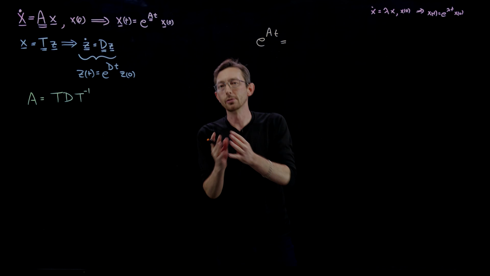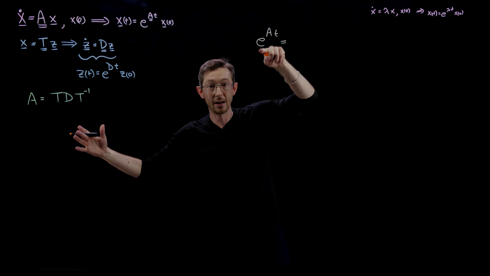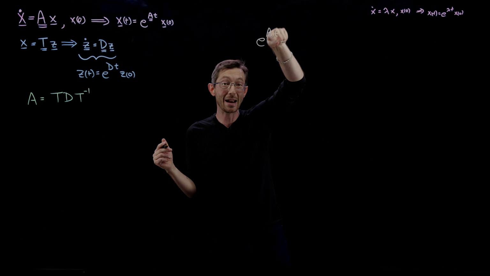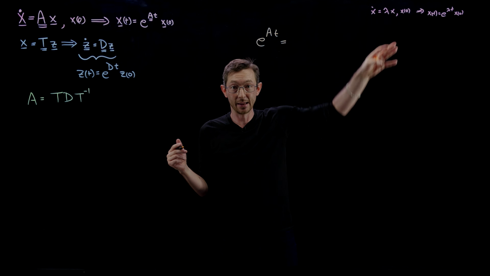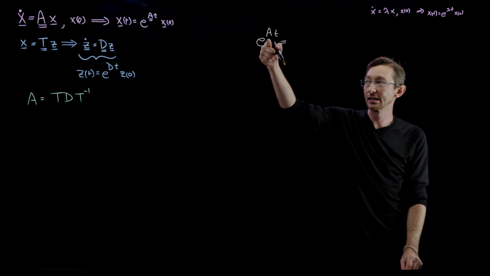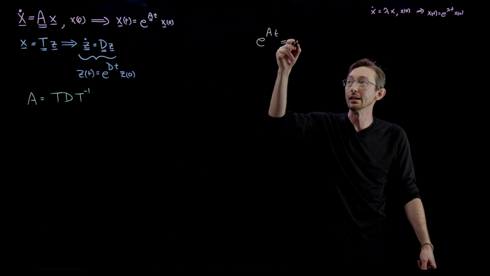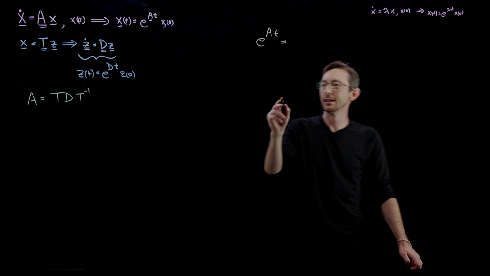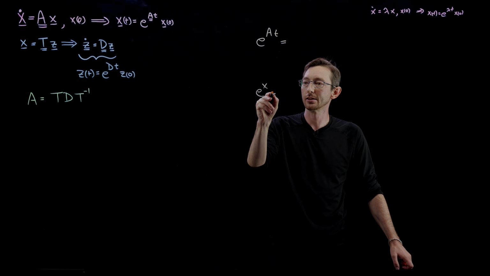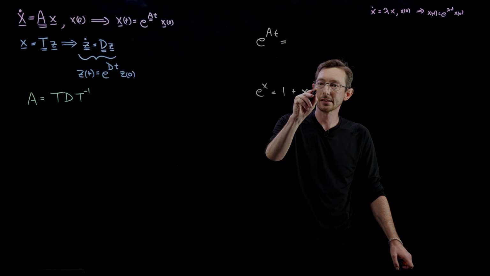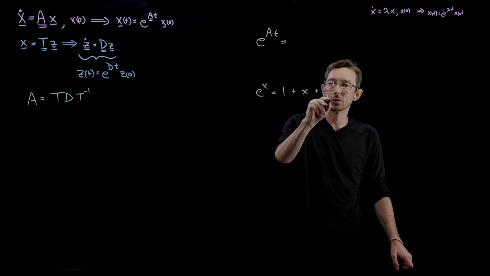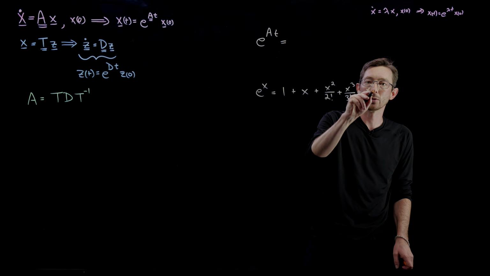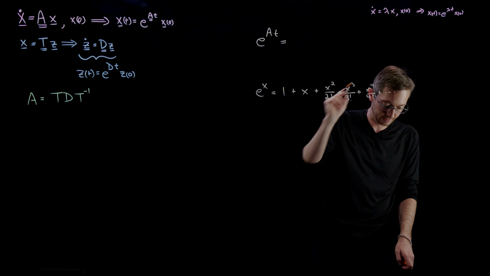I told you before that you can take the power series expansion for the exponential e to the x, and you can substitute in this matrix A t every time you see that variable x. So let me write e to the x. It is just 1 plus x plus x squared over 2 factorial plus x cubed over 3 factorial plus x to the 4th over 4 factorial plus dot, dot, dot.